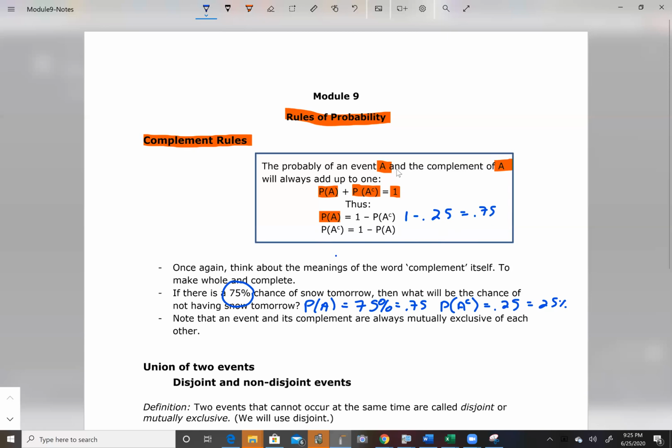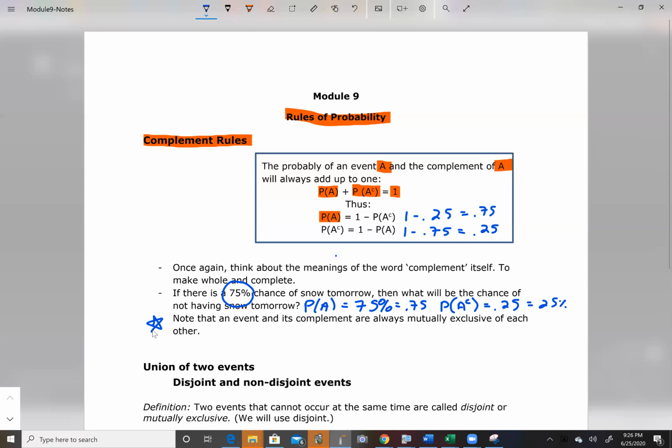And below it, the probability of the complement, in this case the probability that it will not snow, would be 1 minus the probability that it will snow, or 0.25.